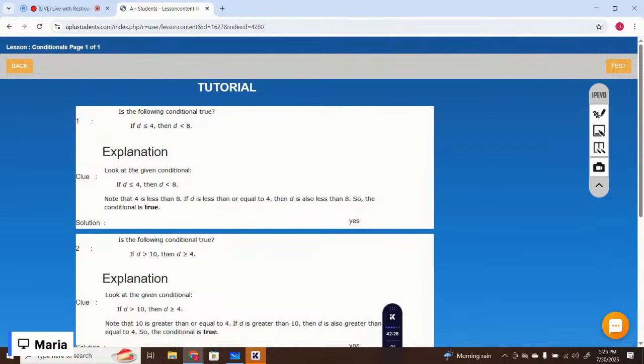If d is less than or equal to 4, then d is less than 8. So d is less than or equal to 4, then d is less than 8. Yes, that is true. Let's just start with the test questions.